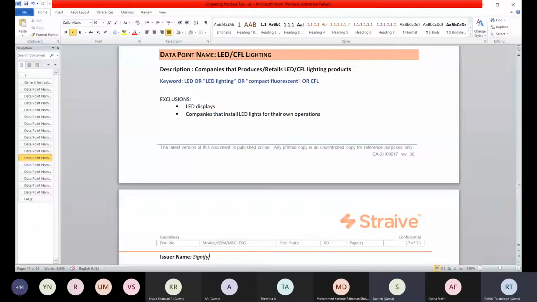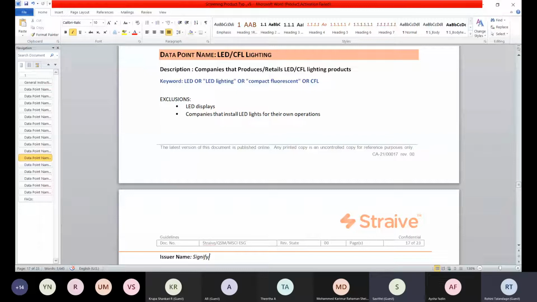Okay. So our next data point is LED or CFL lighting. For this data point, we need to check whether that company manufactures, produces or retails.